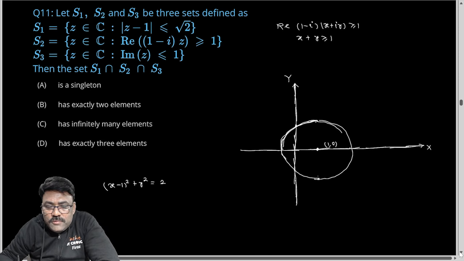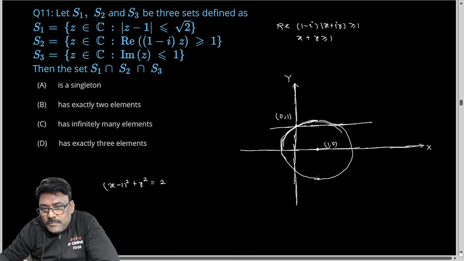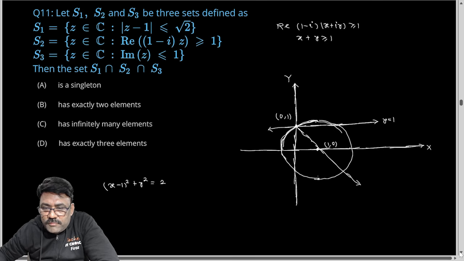If I put x as 0 here, the y will be 1. So this point is (0, 1) only. So y is equal to 1 is this line. And x plus y is equal to 1 is this line, cutting x-axis and y-axis both at 1.